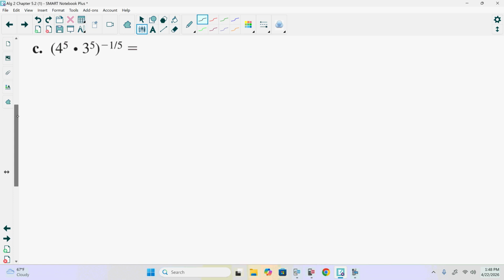The converse is true. Since they are both to the 5th power, that means we can remove it, which is nice because now I have 4 times 3 to the 5th to the negative 1/5. What's 4 times 3? 12.